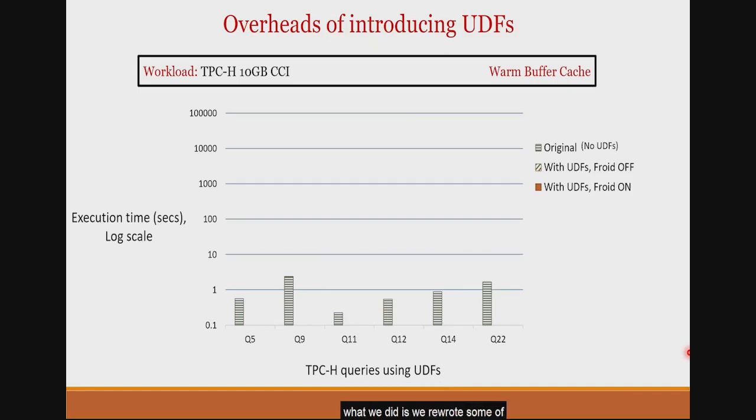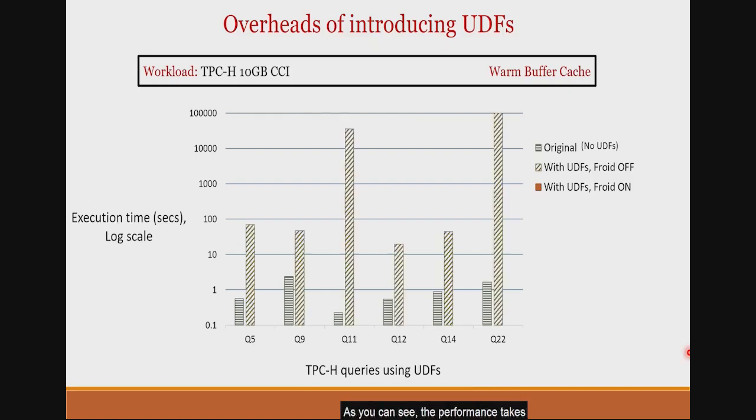And what we did is we rewrote some of these queries to use user-defined functions, but still do exactly the same thing. So the results will be identical, but the query is expressed using user-defined functions for certain parts of the query. And as you can see, the performance takes a huge hit for these queries just by using UDFs, but without using Froid. We just express the same logic using UDFs, and this shows the overhead of using UDFs today, without techniques like Froid.